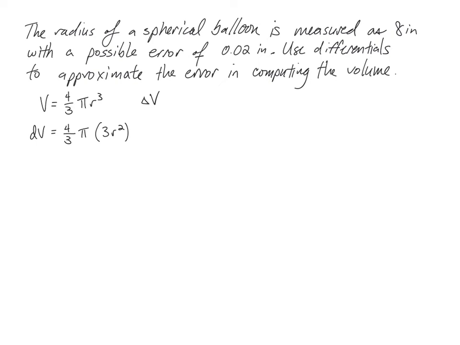And normally we would have a dr over here underneath, but it's going to be over here on the right hand side, because in order to approximate the actual error delta V, we will need dV, which will be the derivative of the volume function, with 8 substituted in for r, and the possible error substituted in for dr, which again is also equal to delta r.